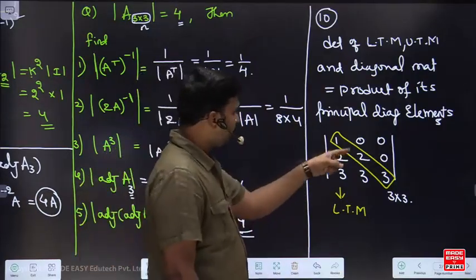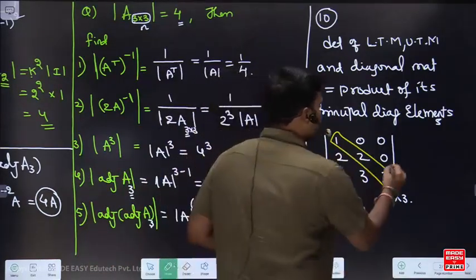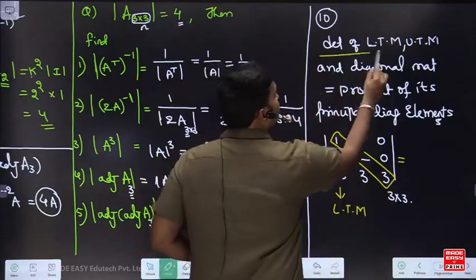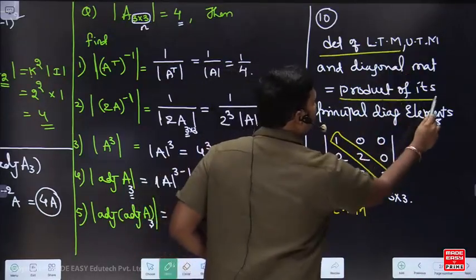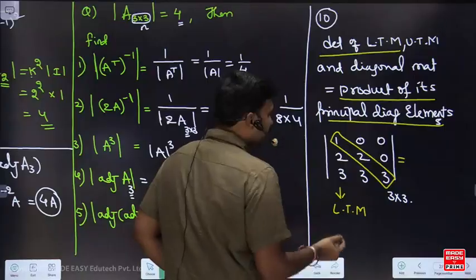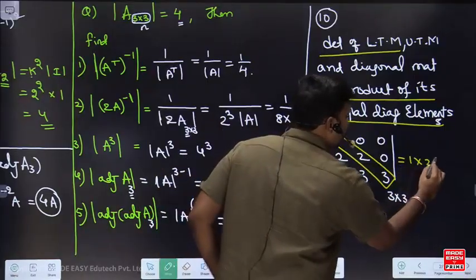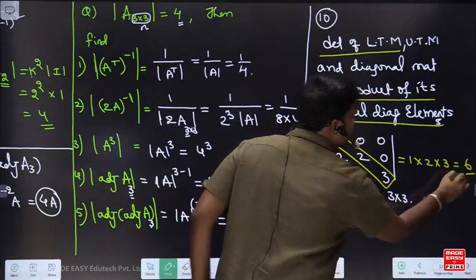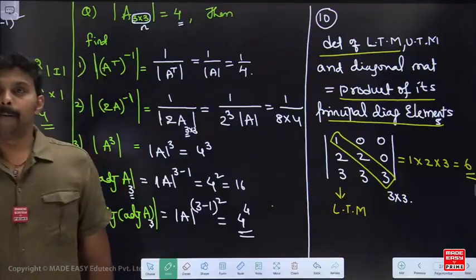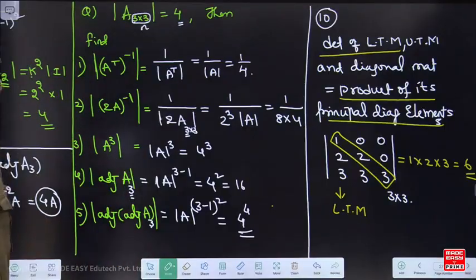The determinant of the lower triangular matrix is equal to the product of its principal diagonal elements, that is 1 into 2 into 3, that is 6. Okay, that is 6 here.